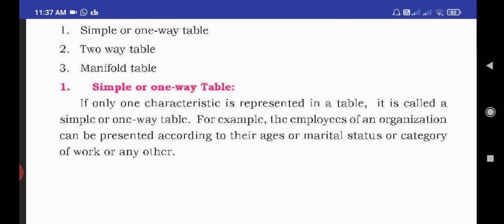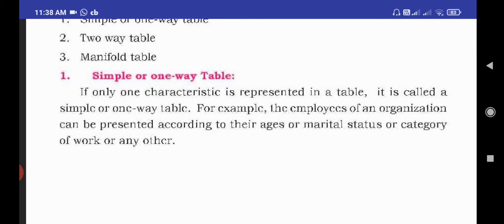When we give importance only to one characteristic or single quality, that is called a one-way table or simple table. We will take one example.